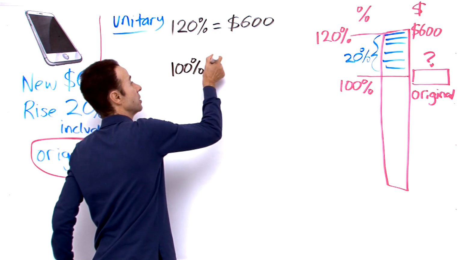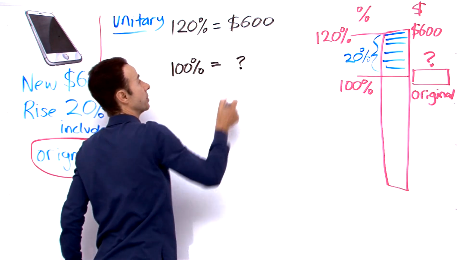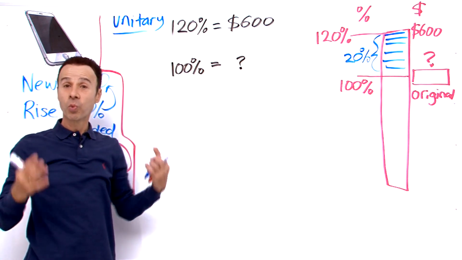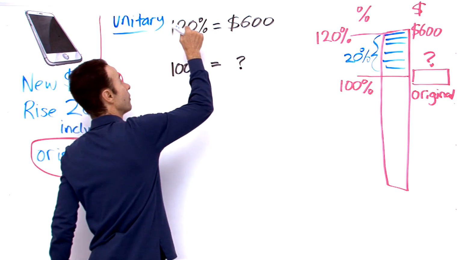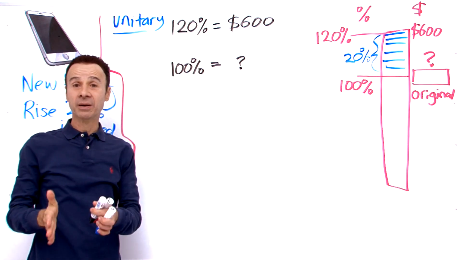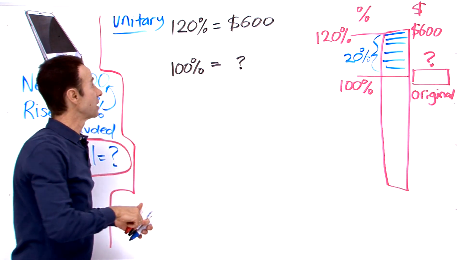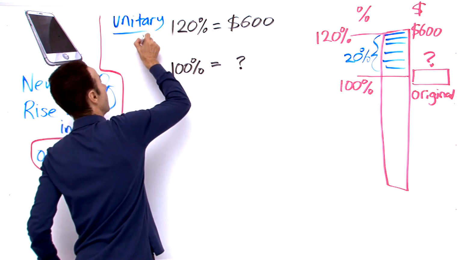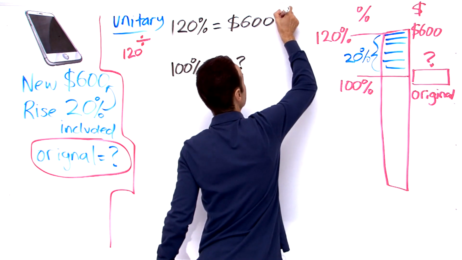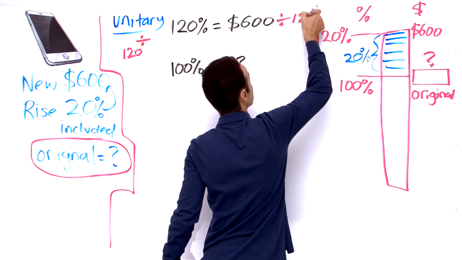Now, let's start working out, because our outcome is to find 100%. We don't know what 100% equals, do we? We can't just jump from there to there. We're going to go to the 1% first. So how do we go from 120 to 1%? How do we turn 120 to 1? We divide by 120. If I divide by 120 on this side, then I'll divide this 600 also by 120.